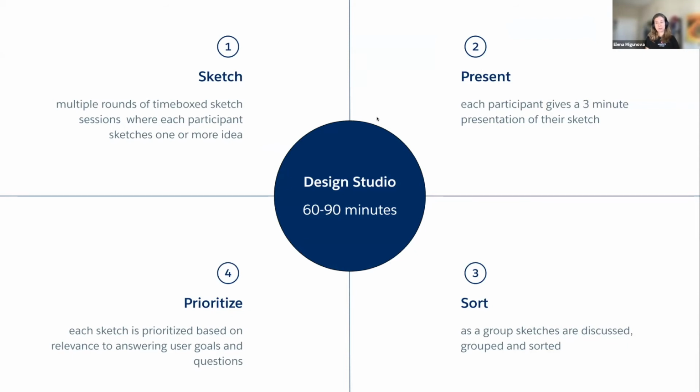Then everybody gets a chance to present their sketches to the group, and the group will vote and prioritize each sketch, just like you did with the questions earlier. Finally, all the sketches will be sorted and grouped under themes, again, just like you did in the path of inquiry. So again, it's a very collaborative process.